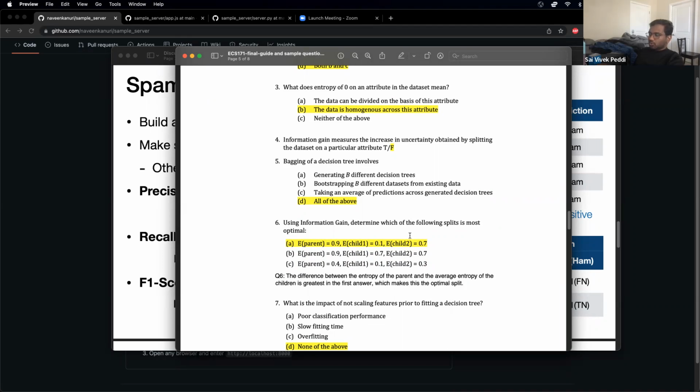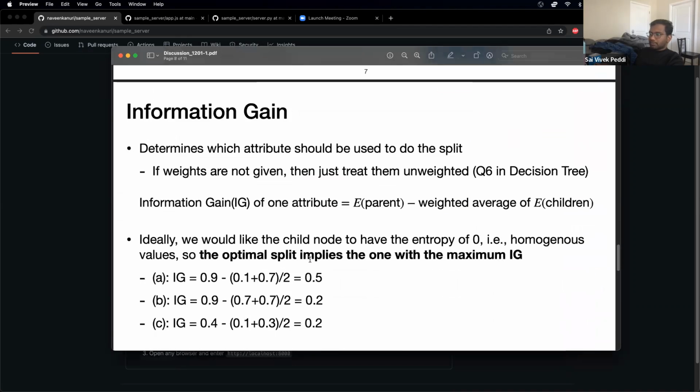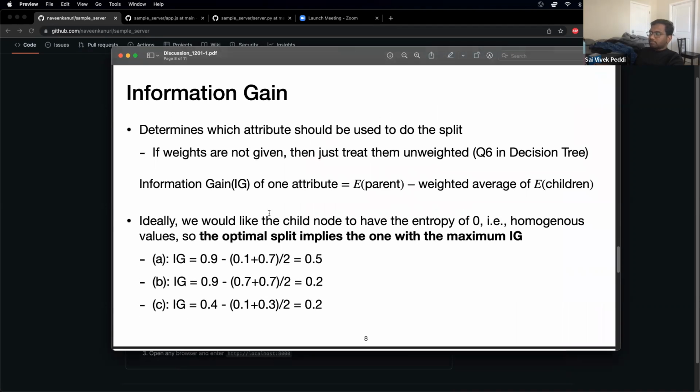In information theory, the formula for information gain is entropy of parent minus weighted average of entropy of children. If there are no weights given, you can assume all weights are equal.